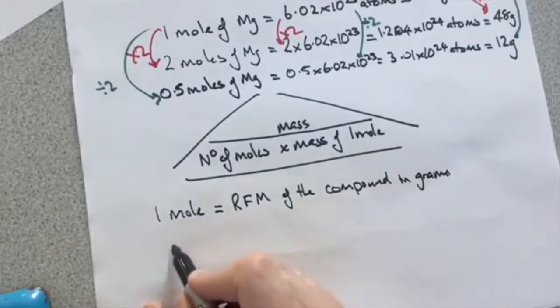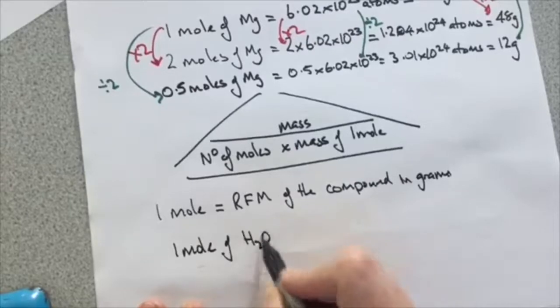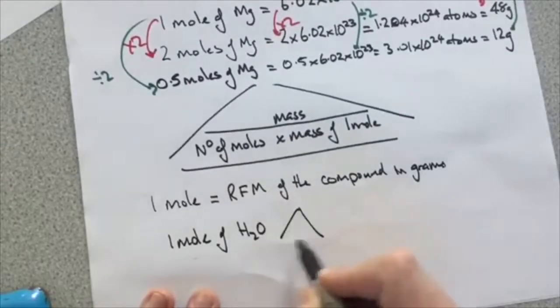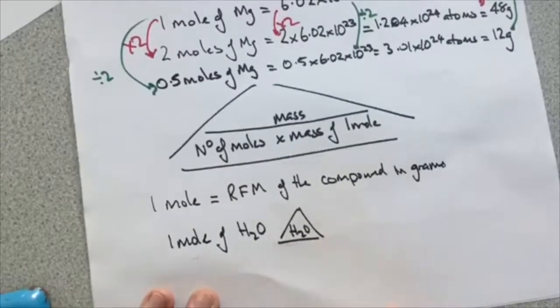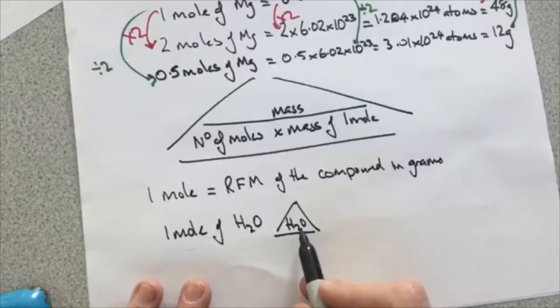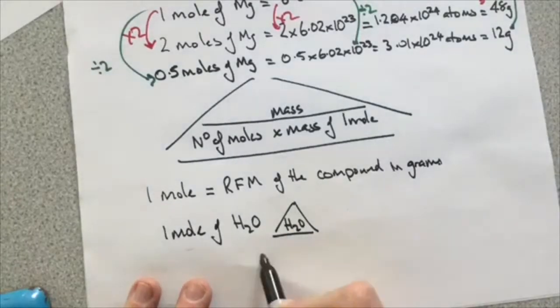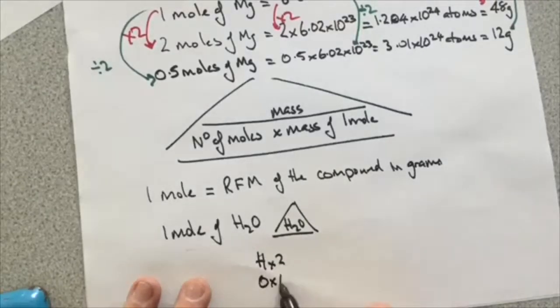If we had 1 mole of water, H2O, here is my H2O, I've got 1 mole of it. Because I've got a compound that contains a number of different elements, what I've now got to do is calculate the relative formula mass. To do that, I take my hydrogen, and there's 2 of them, and my oxygen, there's 1.